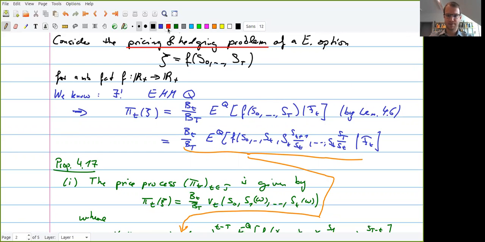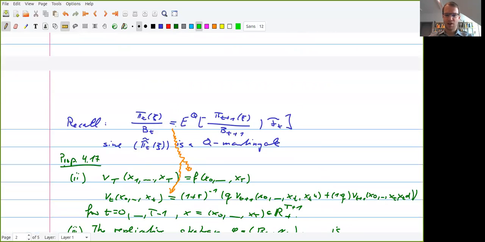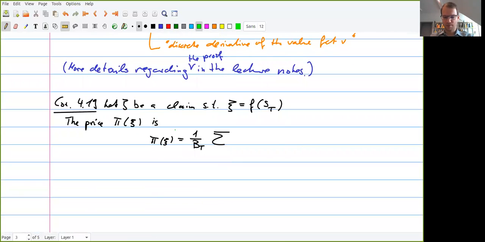So this is here the pricing formula we want to use. So we have here the expectation if we want to look at the price at time 0. So we just have the expectation under Q of the discounted payoff, right? And our payoff now only depends on the terminal price.